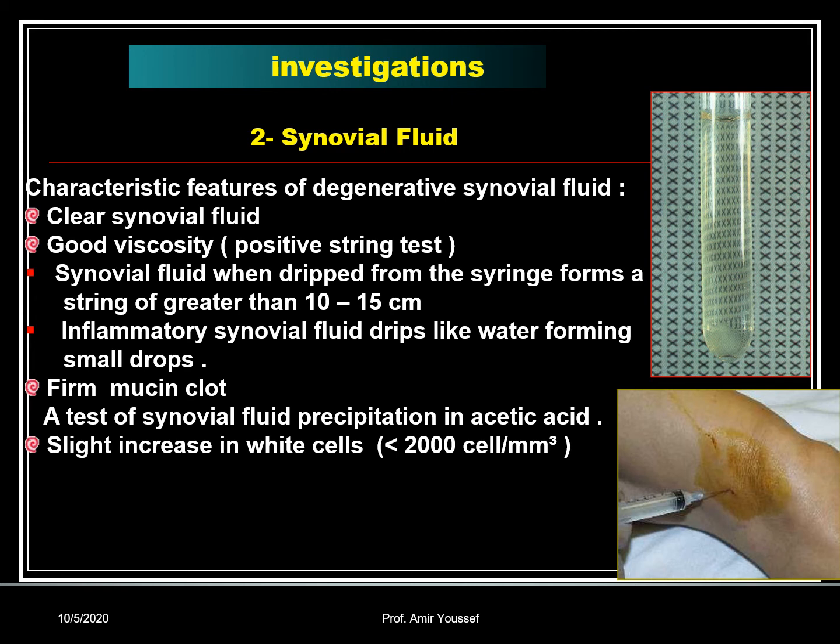Inflammatory synovial fluid drips like water, forming small drops, such as in rheumatoid arthritis. Firm mucin clot, a test of synovial fluid precipitation in acetic acid. Slight increase in white cells, less than 2000 cells per cubic millimeter.